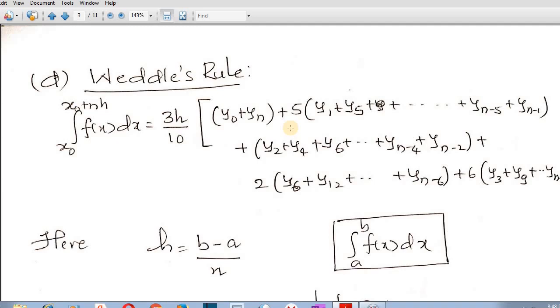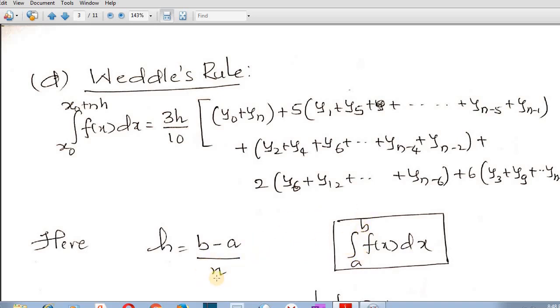So let us go ahead. Here h is nothing but b minus a divided by n, where b is the upper limit and a is the lower limit.